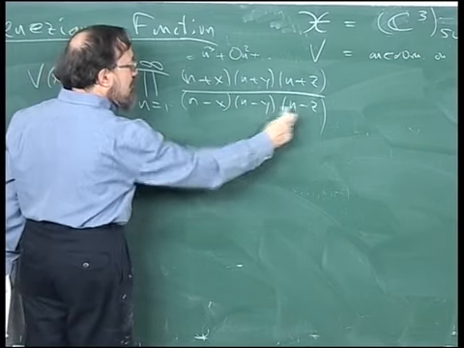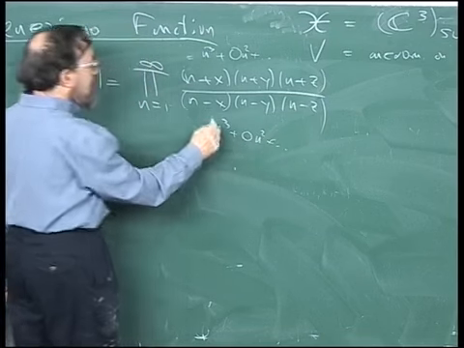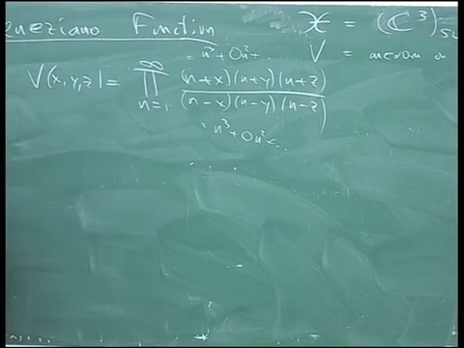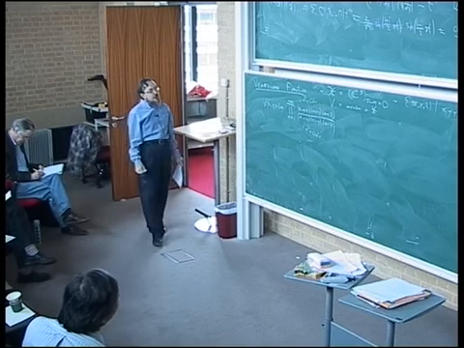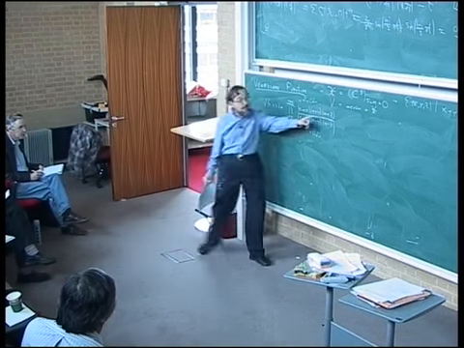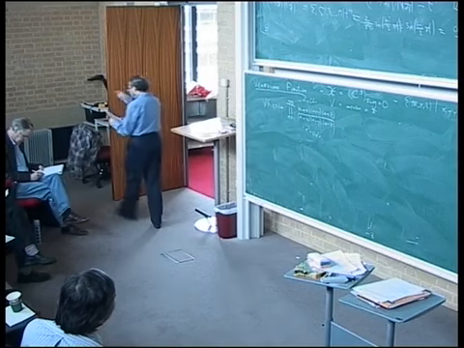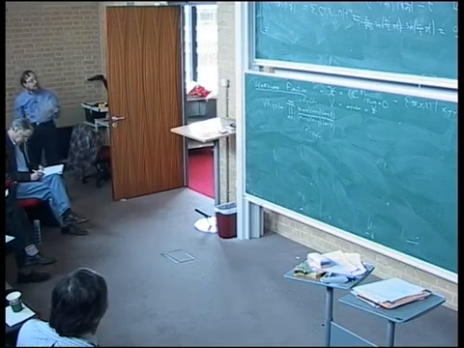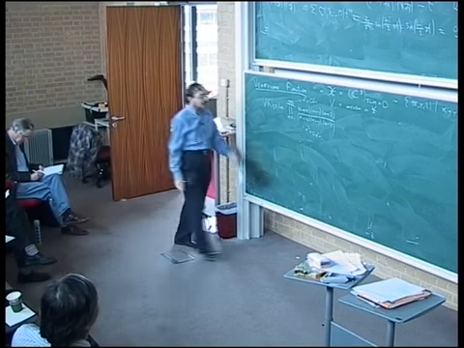And downstairs I have the same with minus x. So the denominator is also n cubed plus 0 times n squared. And so when I take the quotient, it's 1 plus O of 1 over n squared. And so it converges. If x, y, and z did not have the property that their sum were 0, these infinite products wouldn't make sense. Of course, you could renormalize them by putting in a factor e to the 1 over n times (x plus y plus z). But I don't have to do that now.